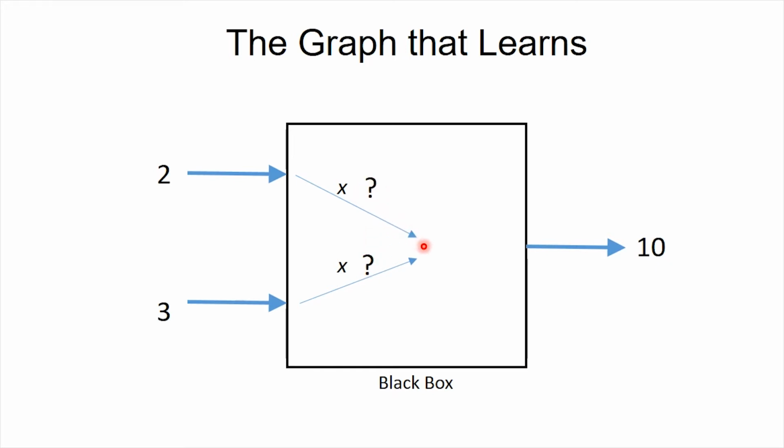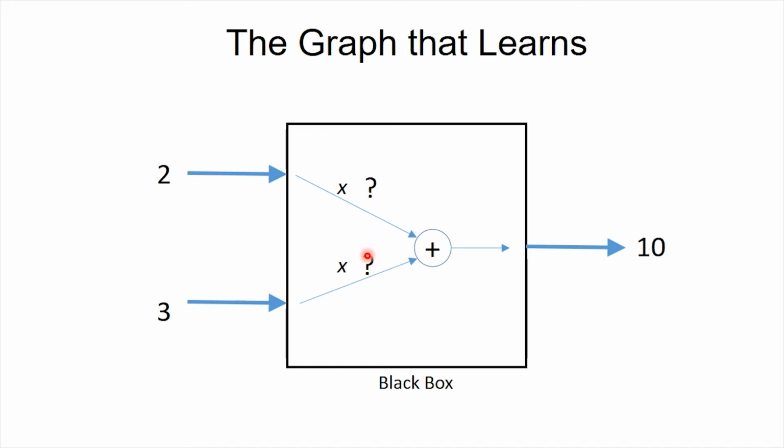And the results of such multiplications are added together to finally obtain the output. So the inside of the box is a very simple graph that processes the inputs, applying some operations on them to finally output a number. Now, in light of this, we just need to find out the values of these two unknowns.